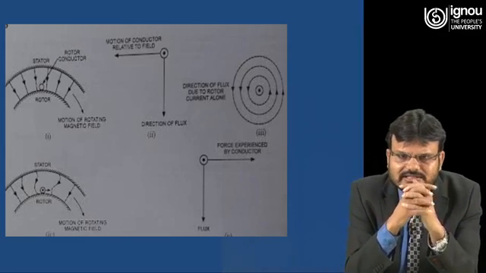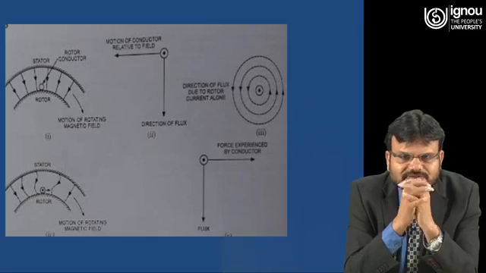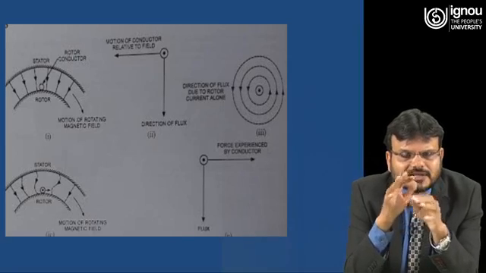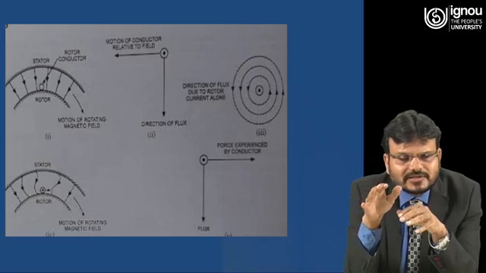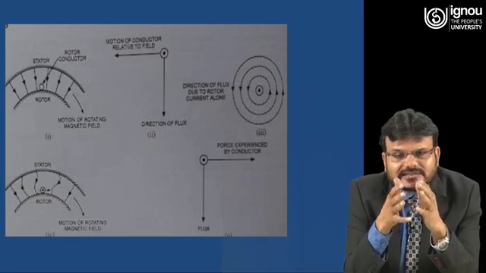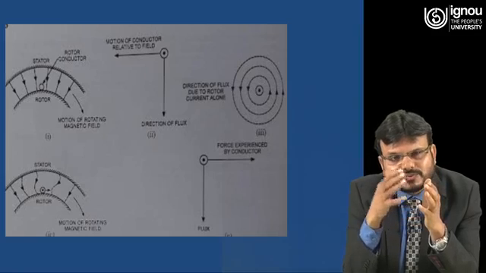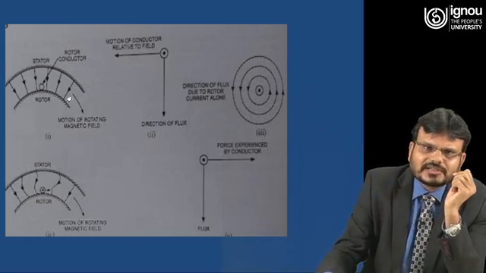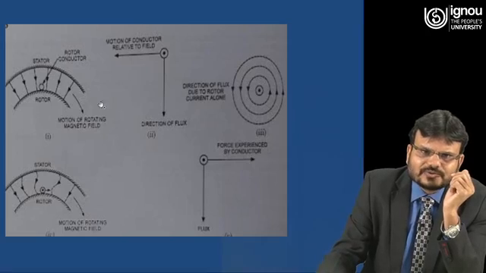Suppose you are sitting in a train that is stationary, and another train is moving. What do you feel? You feel like your train is moving, in a direction just opposite to the other train. Similarly, this flux is moving in this direction, so what do you feel? That means this rotor is moving in this direction.